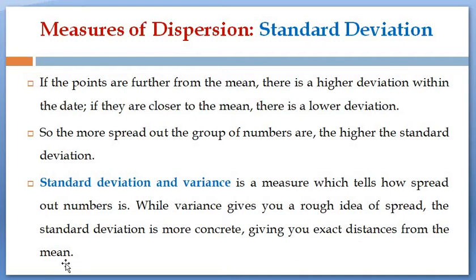Variance only tells you how far it is from the mean, whereas a standard deviation gives you the correct value, how far it is located from the mean. So standard deviation is more accurate than the variance. And again, the standard deviation is the square root of variance.